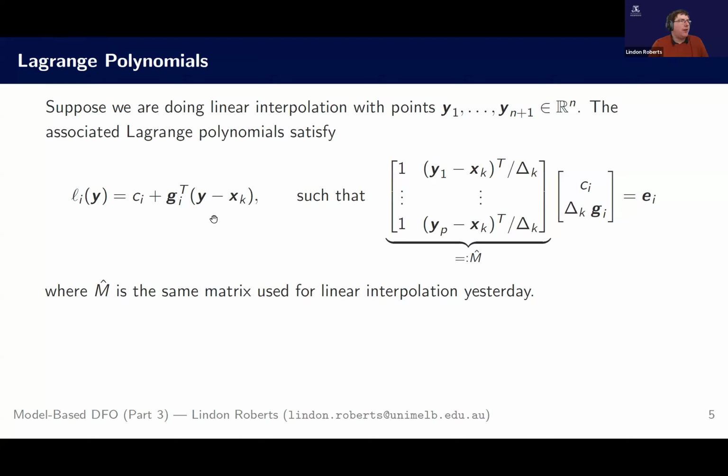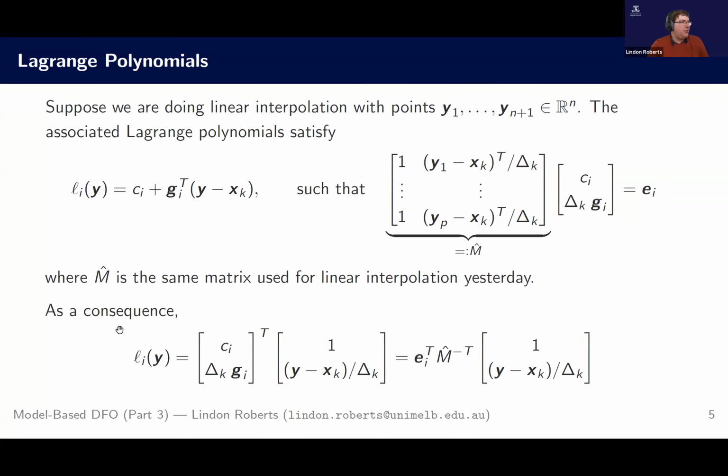And the way we can find C and G is we can solve this interpolation system. This is identical to the interpolation system defined yesterday, but instead of the function values f evaluated at each of our yi points, we now have a coordinate vector, because we're forcing it to take a value of 1 or 0. So we can find the Ci and the Gi associated with Li by solving the same linear system as yesterday, but with ei as the right-hand side.